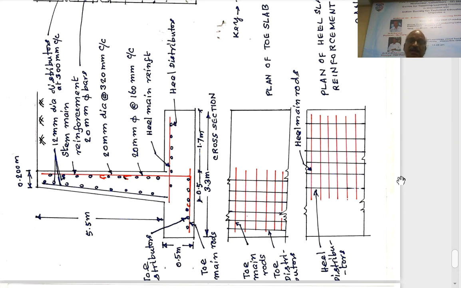On the right hand side, where it is stopped, we will have to stop. Similarly, in the case of the heel slab also, we have to give cover at the right hand side because there the wall ends. Whereas in the longitudinal direction, we are considering 1 meter in between, therefore the bars will have to be extended out. When we draw the reinforcement details, we have to be careful in providing cover where it is required.